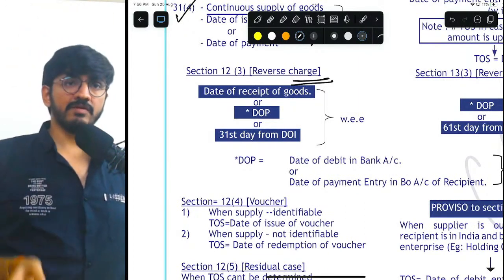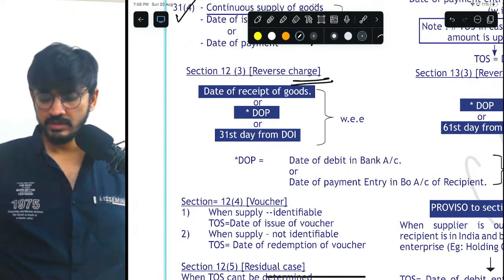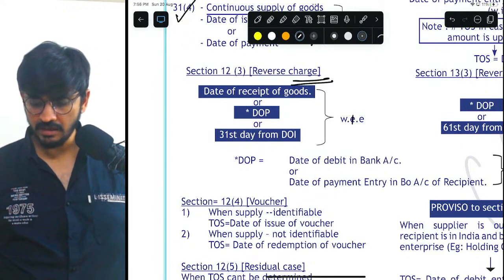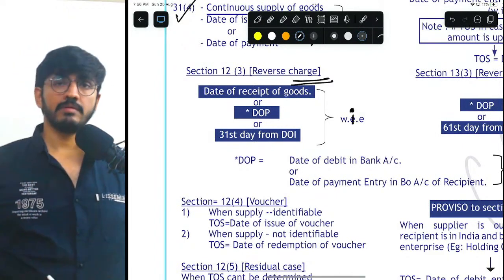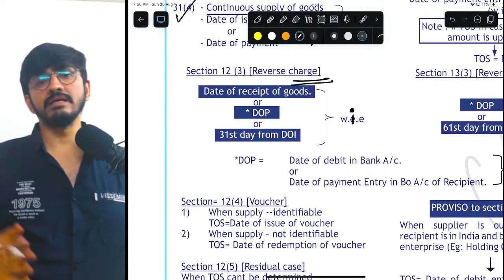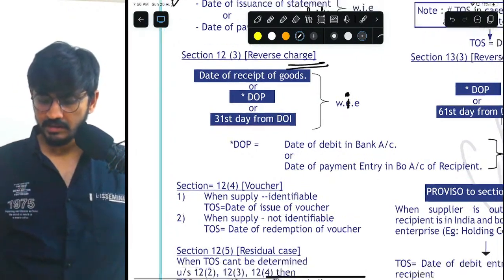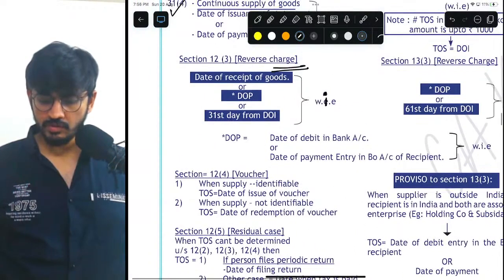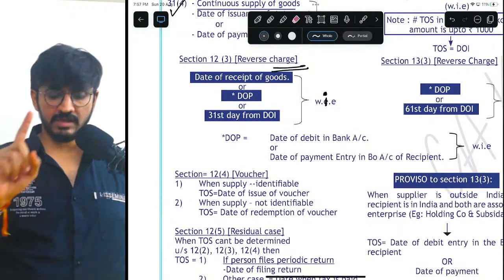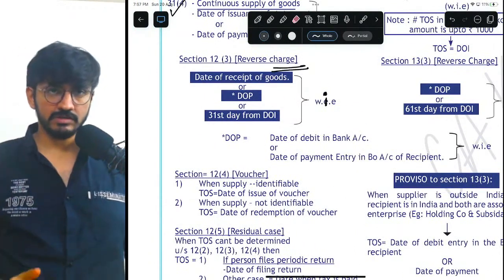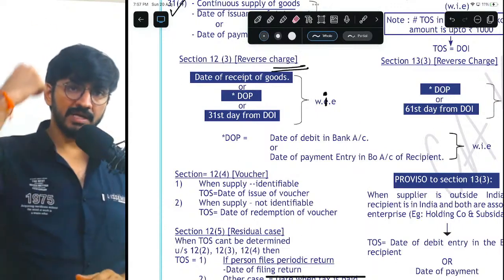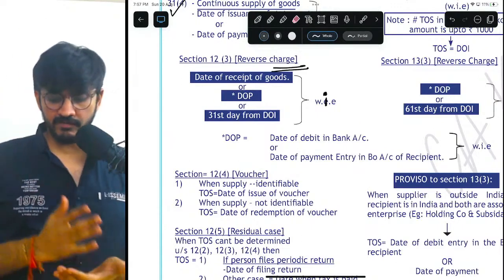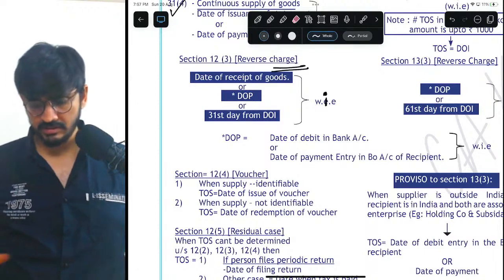And third, 31st day from the date of issue of invoice, whichever is earlier. Are you getting it? So first, date of receipt of goods. Second, I will make the payment. And third is 31st day from the date of issue of invoice.